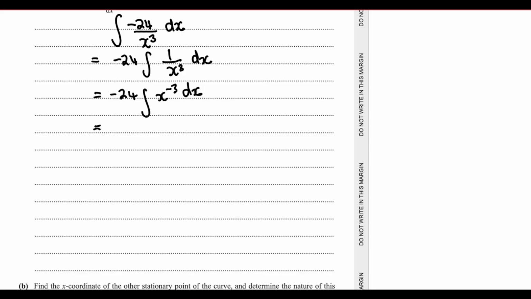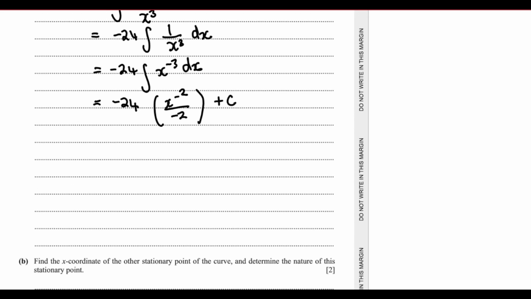Using your power integral rule, we'll have x to the -2 over -2, and we need to add a constant. What is -24 divided by -2? That's 12.